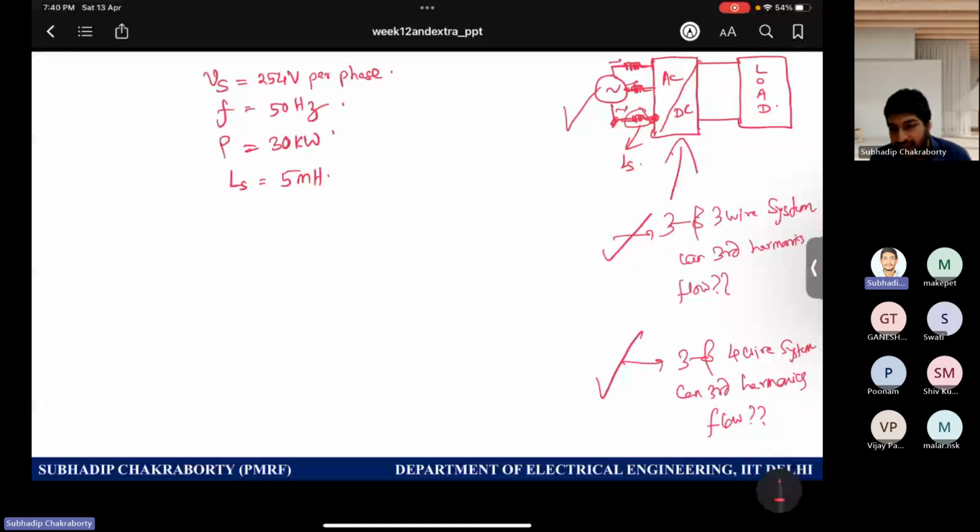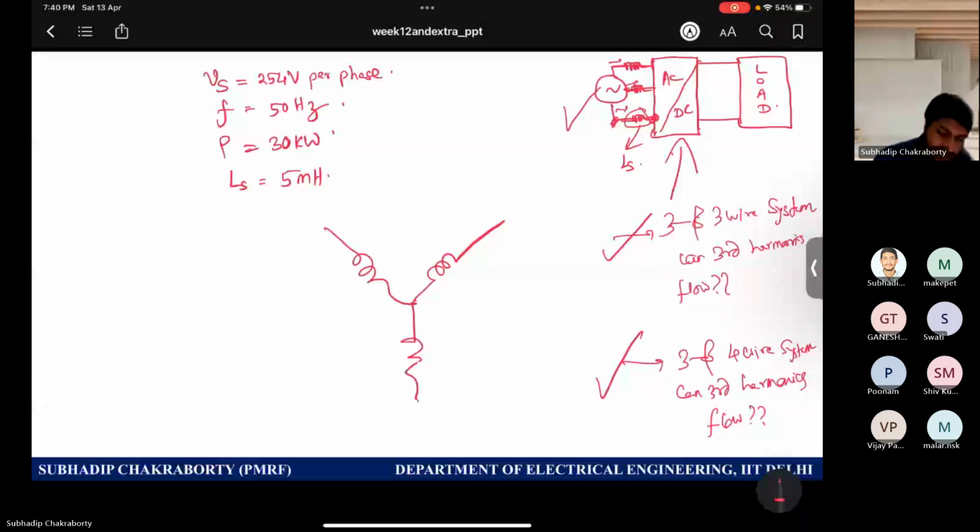So now, this is an important question. Why the absence of neutral blocks third harmonics is the reason, because if you see an AC circuit and you have some currents, the third harmonics will be a sinusoid. Third harmonics is sinusoidal, but how does it look?